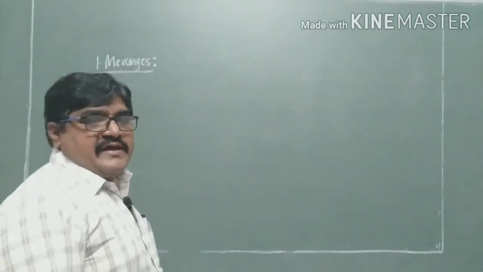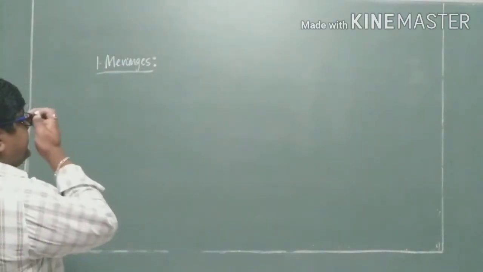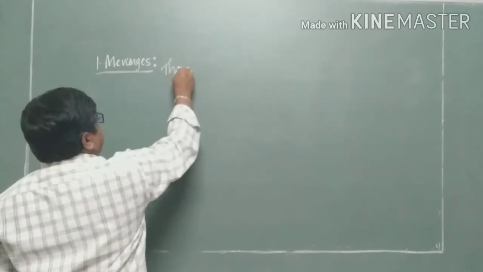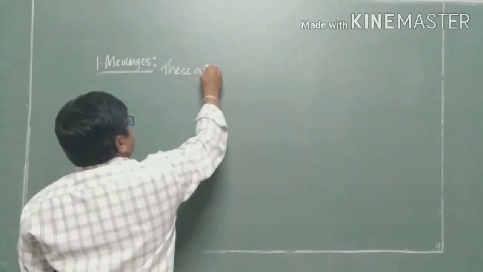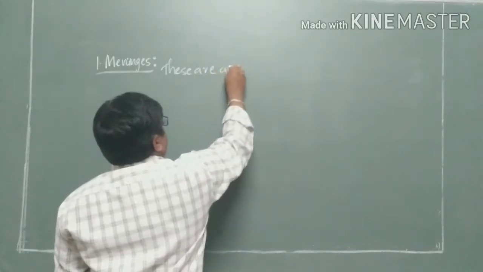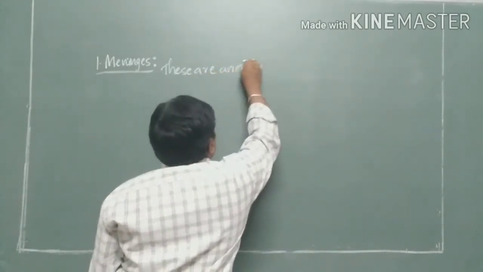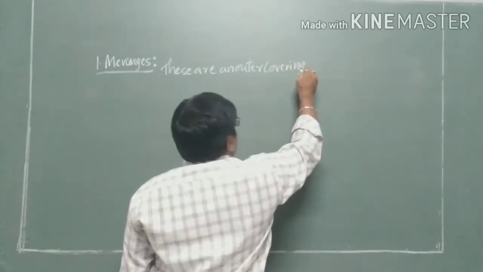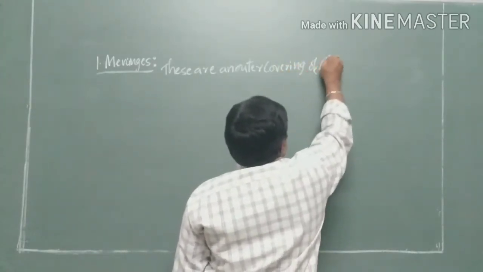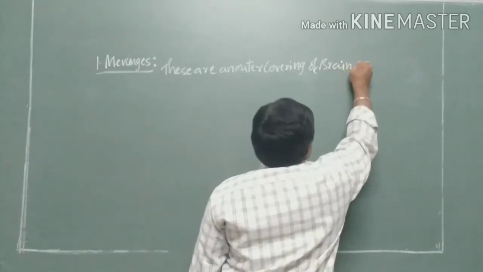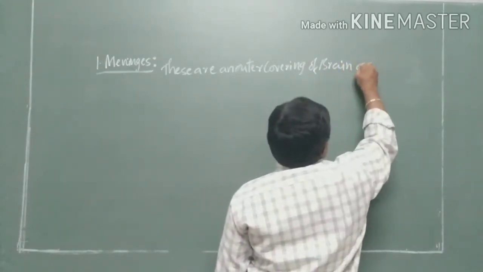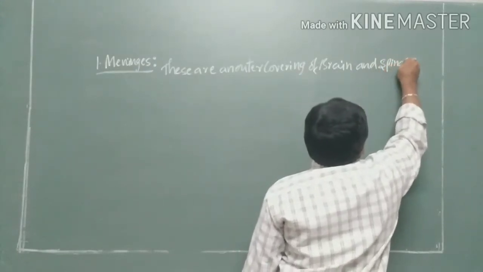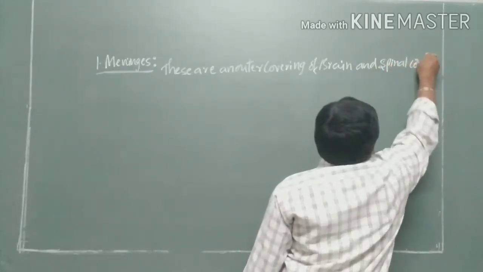Now coming to the first one, that is the meninges. These are the outer coverings of the brain and spinal cord.